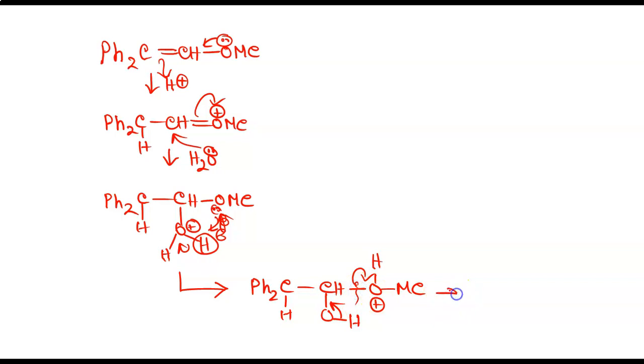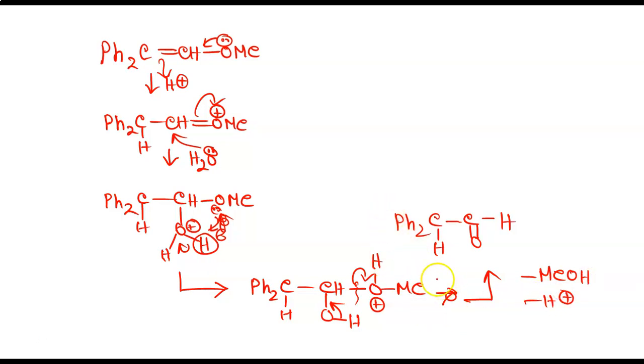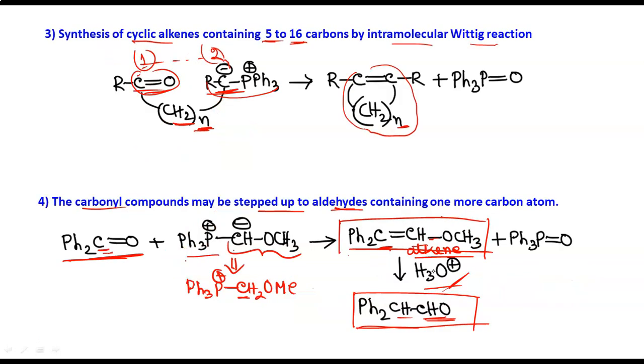This C-O bond will be broken, so there is a double bond to O and H, and here minus methanol as well as minus H+. So ultimately we are getting Ph2CH CHO, and here you can also see it is also Ph2CH CHO. So in this way, that is the final product that we are getting. If we do acidic hydrolysis, then we can get an aldehyde with 1 carbon extra.